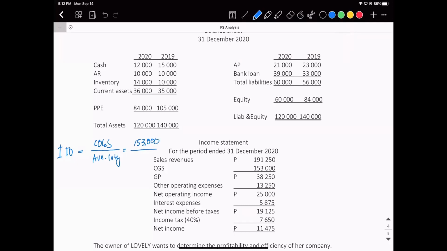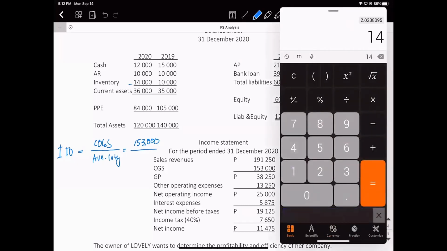And your average inventory amounted to, so average between these two, so 14 plus 10 divided by 2. So that is 12,000. Okay, so what is your inventory turnover, divided by 12,000? So that is 12.75. Okay, so lagyan natin here, 12.75.